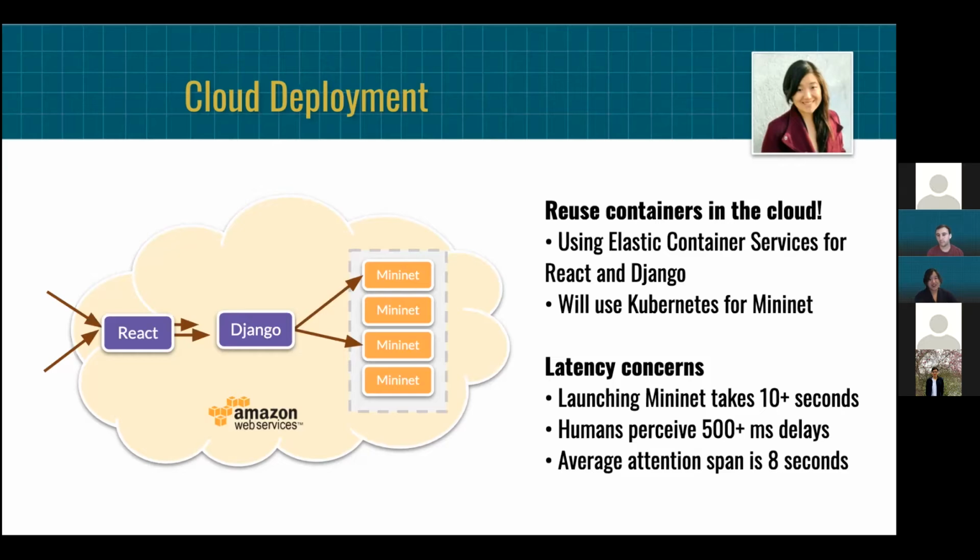But we're trying to figure out what we're doing before we burn through that. So I'm guessing once we learn Kubernetes, we would apply it to React and Django, but it is a lower priority than getting just this Mininet piece to work. Does that answer your question? Yeah, I think so. Awesome. Any other questions?